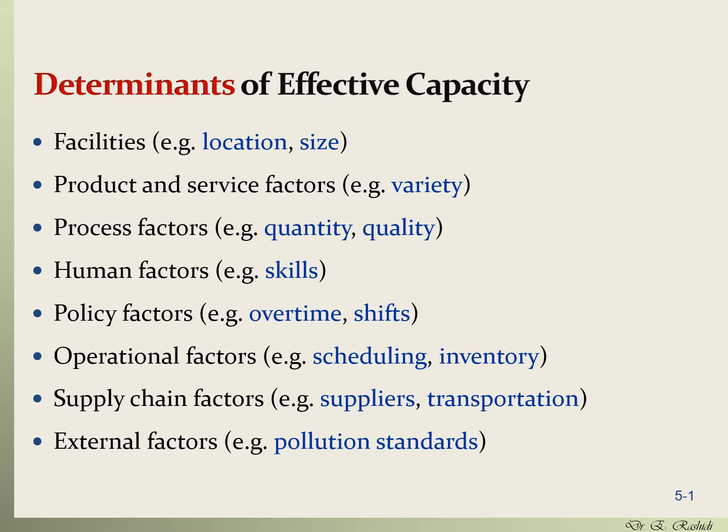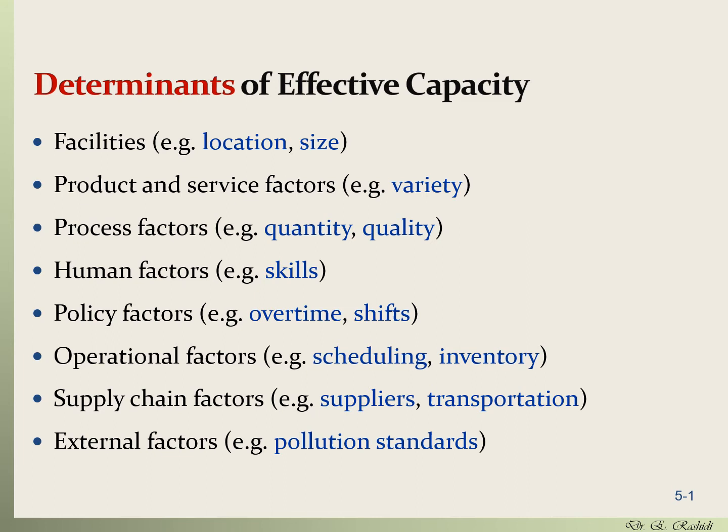Or it could be not related to your organization, it could be external factors. For example, the policies and the regulations that are set at the local, state, or international level. That's going to impact the effective capacity for organizations. For example, the policies regarding pollution standards. This is very tangible for car manufacturing.